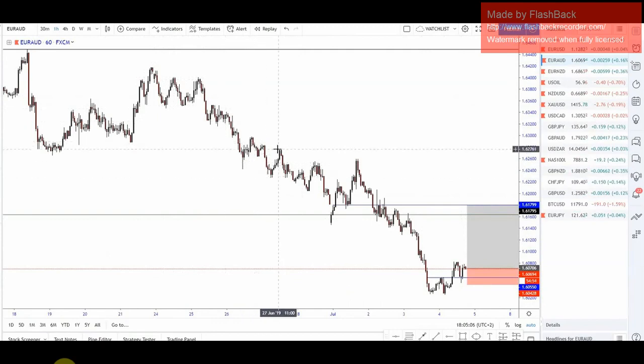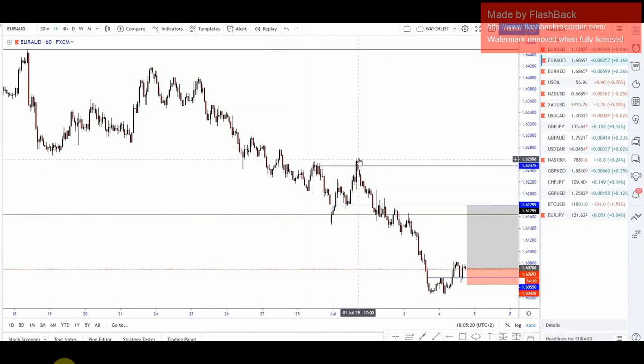Lower low, lower high, lower low, lower high, lower low. Goes slightly higher, pushes, closes, next candle doesn't retest. Remember, wait for the break and retest. So you do that. Break, no retest, so invalid. We can't count it as a break of structure because there was no retest. Lower low, lower high, lower low.